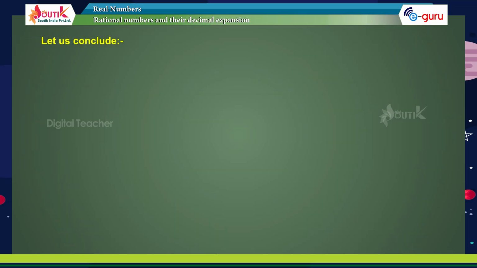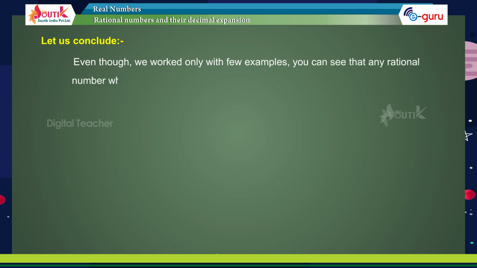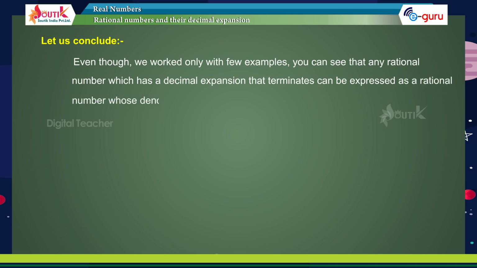Let us conclude. Even though we worked only with few examples, you can see that any rational number which has a decimal expansion that terminates can be expressed as a rational number whose denominator is a power of 10. The only prime factors of 10 are 2 and 5.